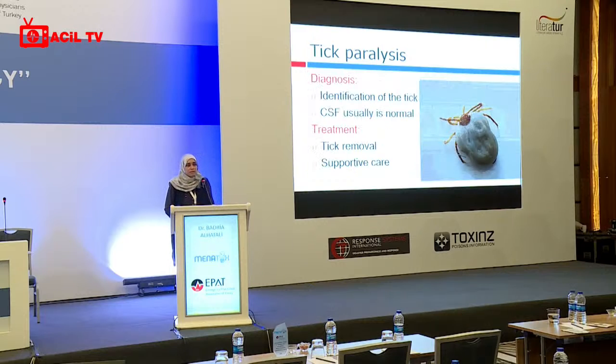Mainly the diagnosis is by identifying that these symptoms are related to the tick. You need to look for it and try to remove it. And of course, there are certain techniques that you need to apply in order to remove this tick. And usually the other investigations are within normal, including the CSF. The treatment is by tick removal and supportive care until the effect is completely resolved.